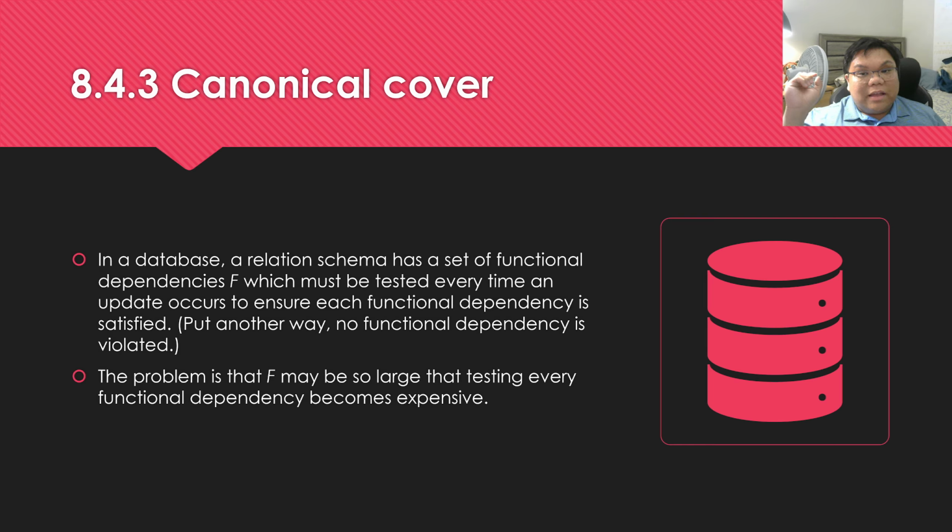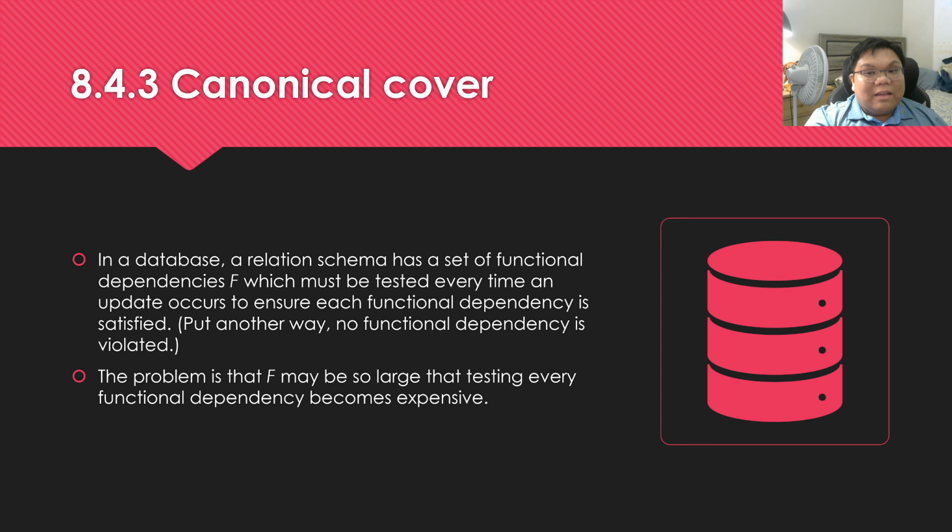The thing is, the set of functional dependencies F might be so large that it takes way too much time to test. The thing is, we can infer another set of functional dependencies that is equivalent to the original set, and is also smaller than the original set.